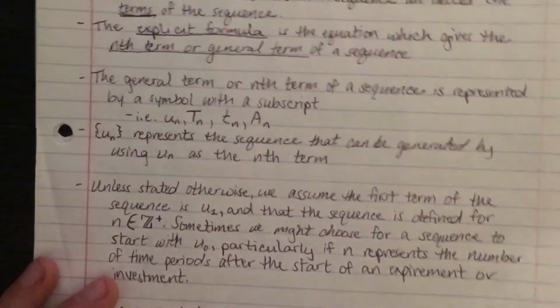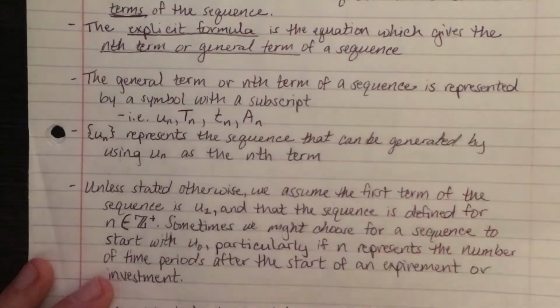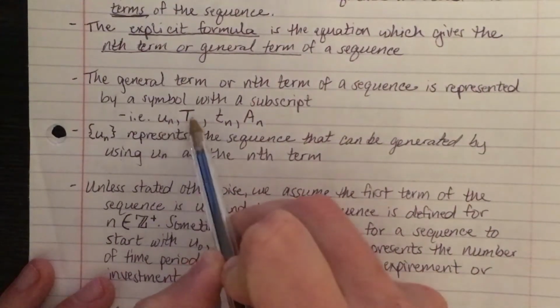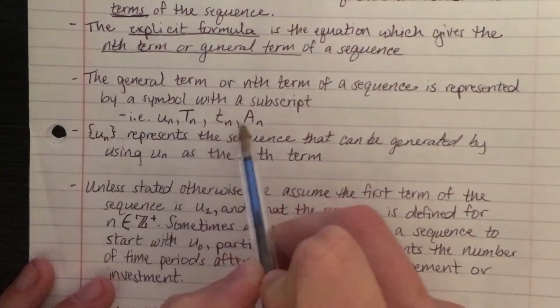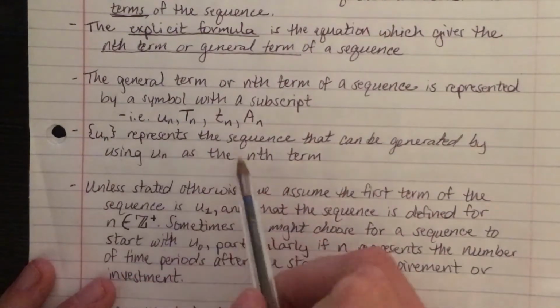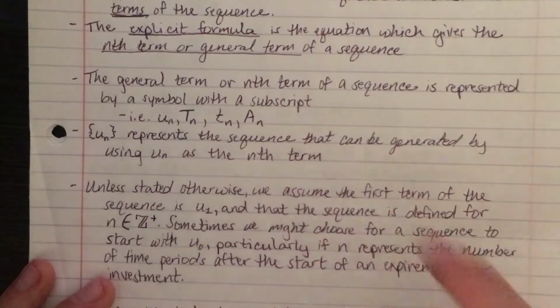So then the general term or the nth term of a sequence is going to just be represented with a symbol with a subscript of n. So like we could use u sub n, t sub n, lowercase t sub n, big A sub n. And all that means, like if you see u sub n, this represents the sequence that can be generated by using u sub n as the nth term.